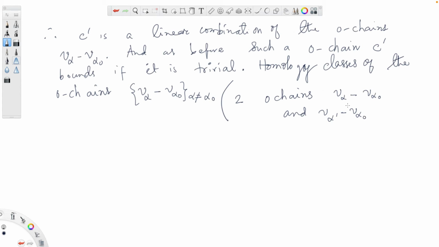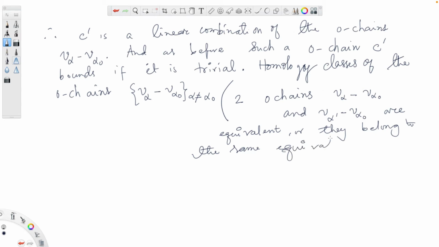Okay, so these two zero chains are taken to be equivalent. So since we are dealing with equivalence classes, there is an equivalence relation. What is that? They are taken to be equivalent, or they belong to the same equivalence class, or we write it like this, right?